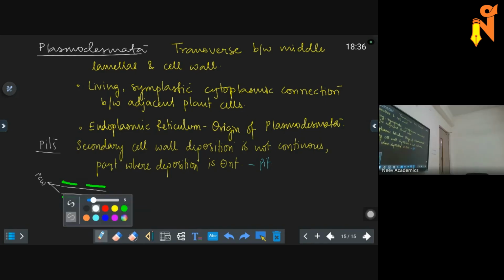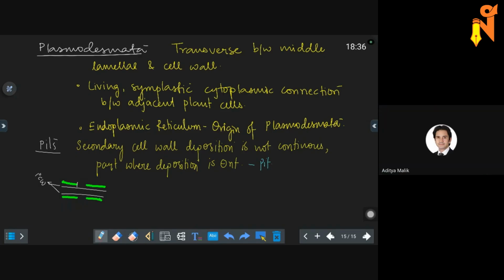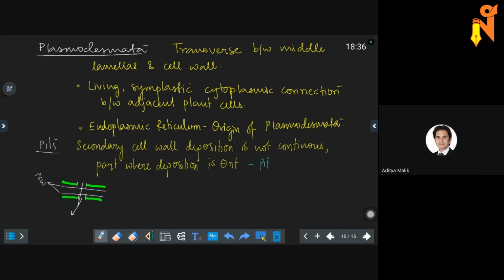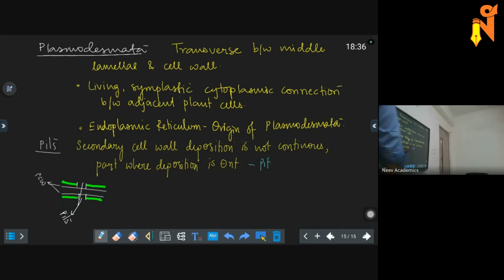Secondary cell wall deposition, so it will be lignin or suberin. Sir, can you speak a bit clearly? Deposition of lignin or suberin. It is secondary cell wall deposition, so it must be either lignin or suberin.